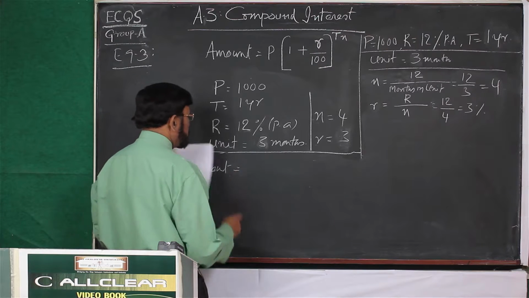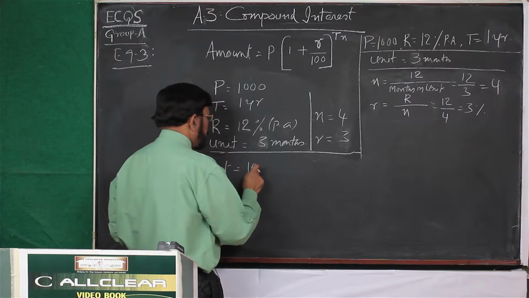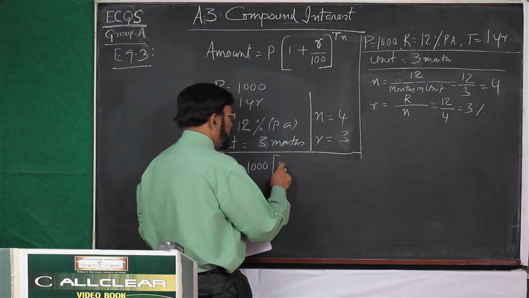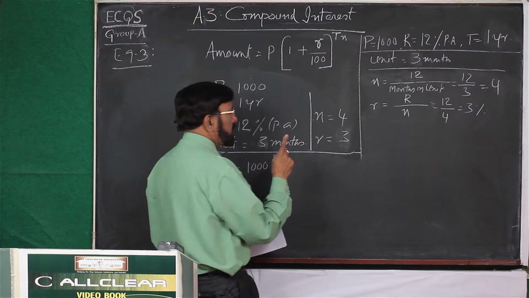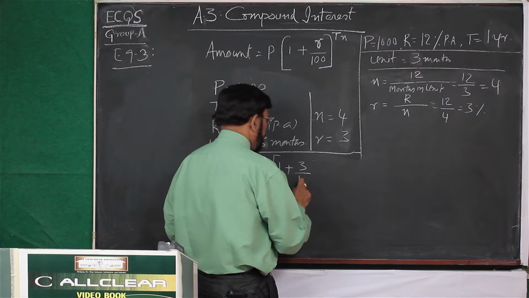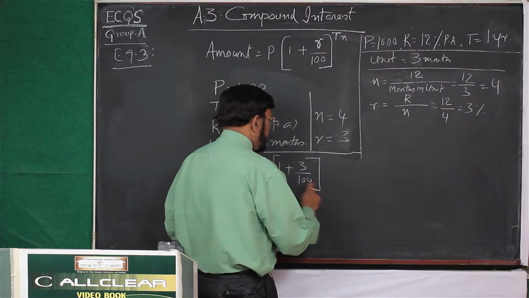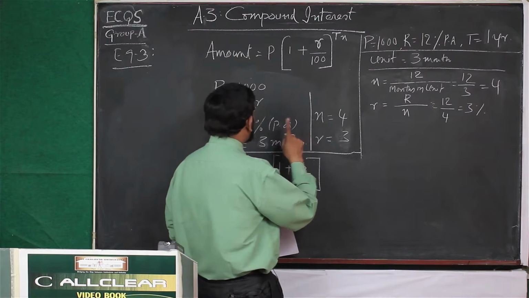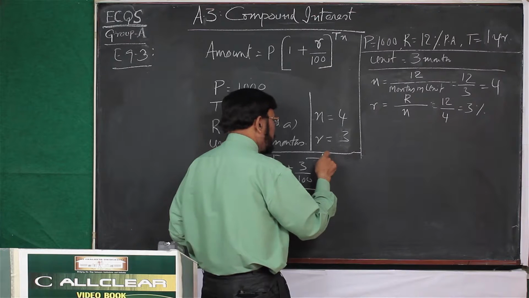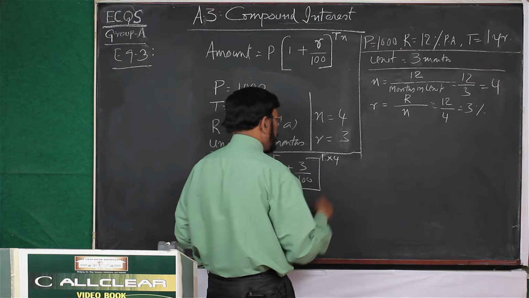Amount is equal to P, 1000, into 1 plus the revised rate, 3 by 100. Here T is equal to 1 year, and N is equal to 4.